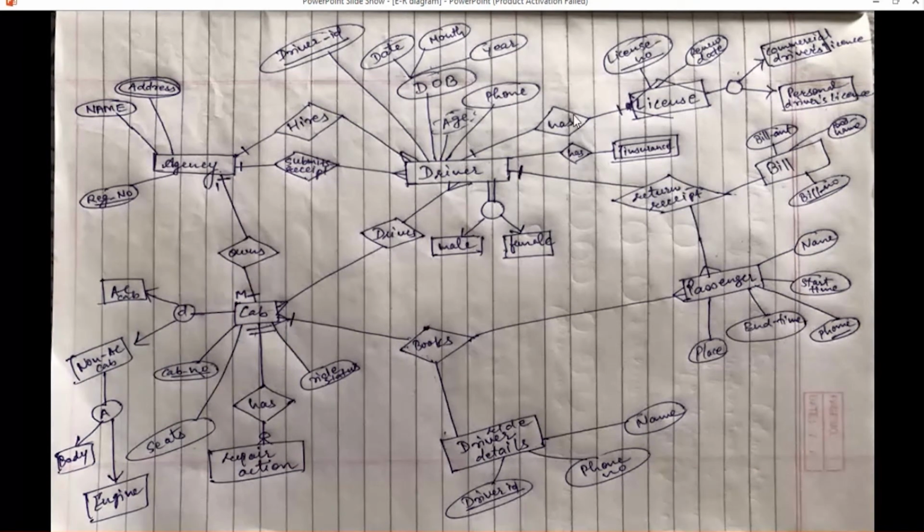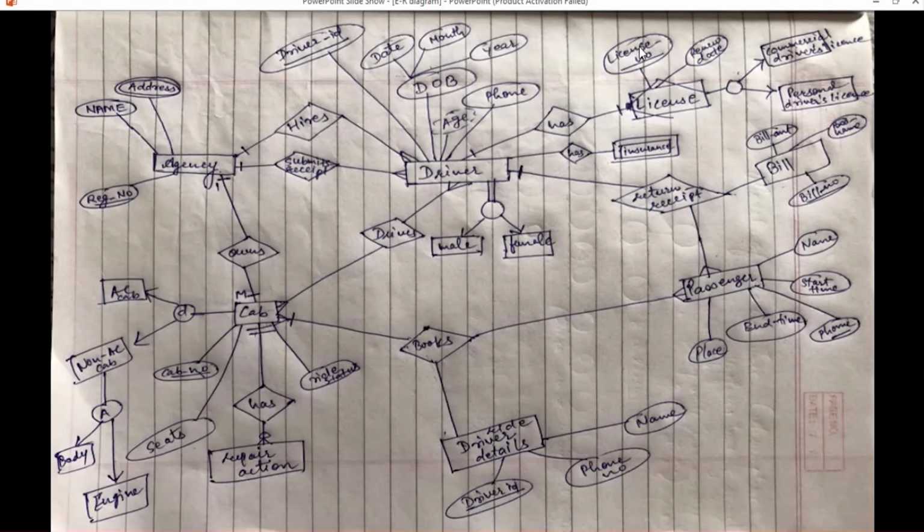Now here again this license is there. This is just a box. One driver can have only one license. The license can be a commercial driver license, a driving license, or a personal driving license. That is the optional relationship. The license number and renew date, all those attributes are attached here.